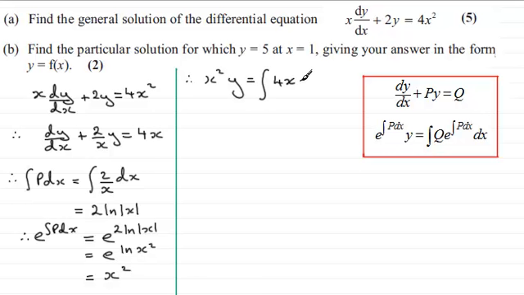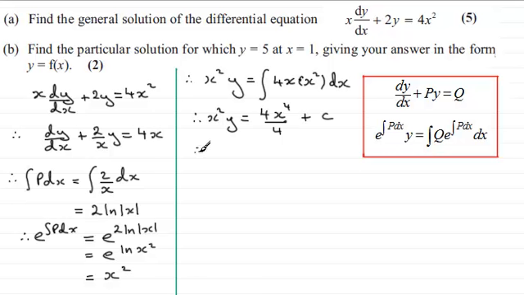So multiply that with x squared, and we integrate all of that with respect to x. So what we've got here then is x squared y equals, and we've got 4x cubed here, so if we integrate this with respect to x, it's going to be 4x to the power 4 over 4, and then plus a constant of integration, plus c.